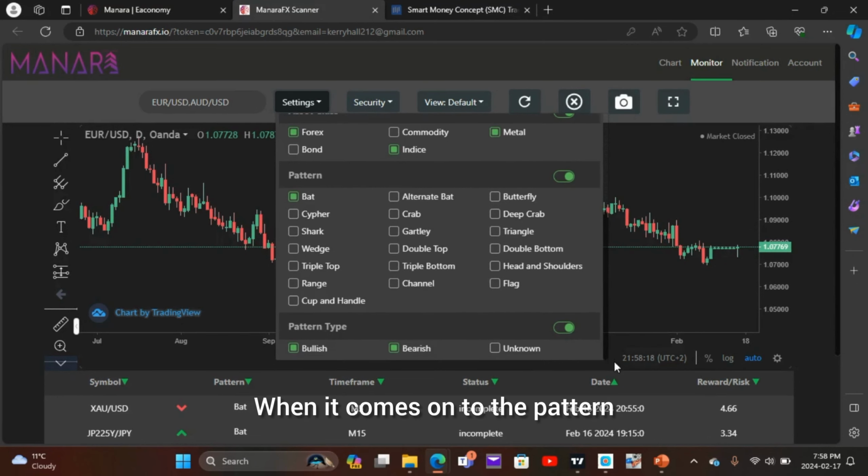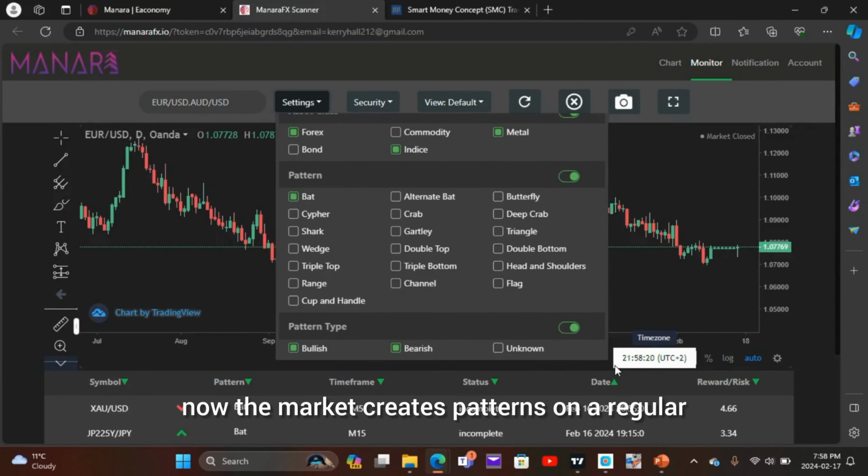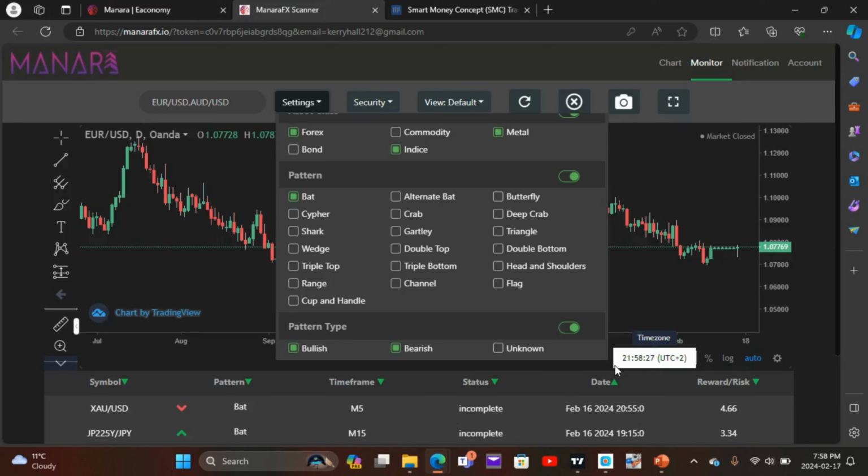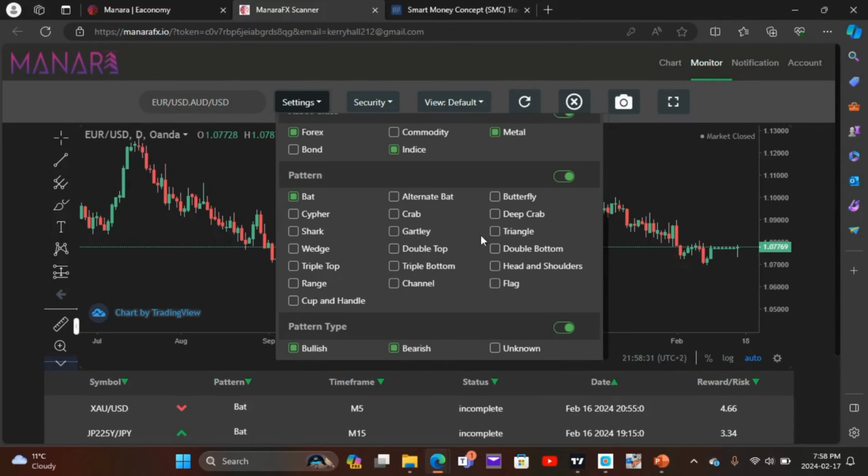When it comes to the pattern, the market creates patterns on a regular basis with the candlesticks that are formed. For the Manara AI software, however, the bat pattern has been proven to be 85% successful.